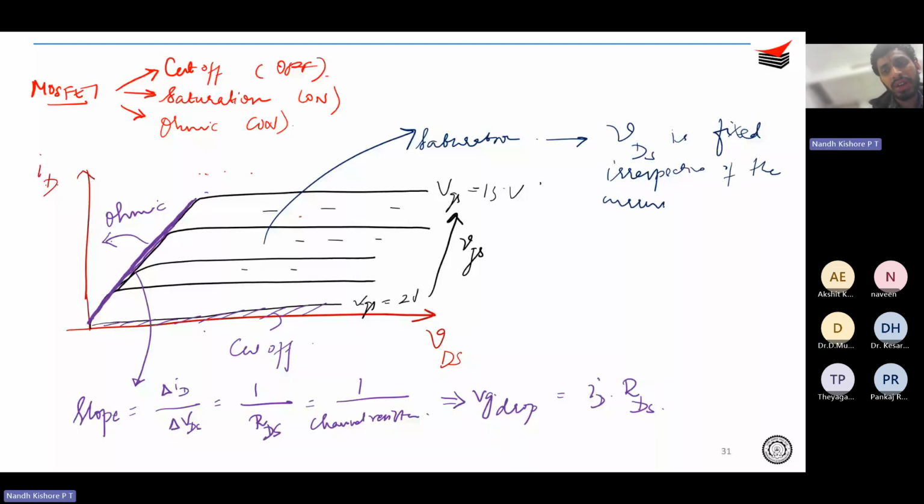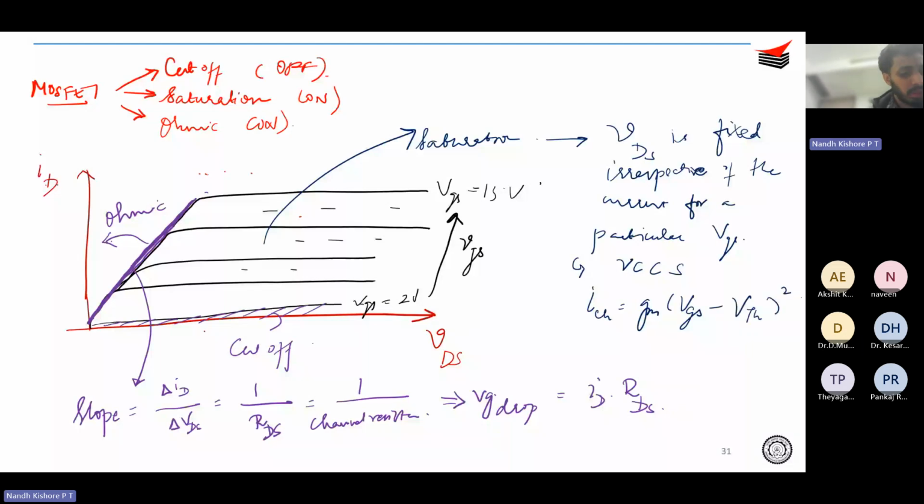For a particular VGS. So in the saturation region, you know that the MOSFET behaves like a voltage controlled current source, VCCS, and the channel current ID will be given by K times (VGS minus VT) the whole square, correct?